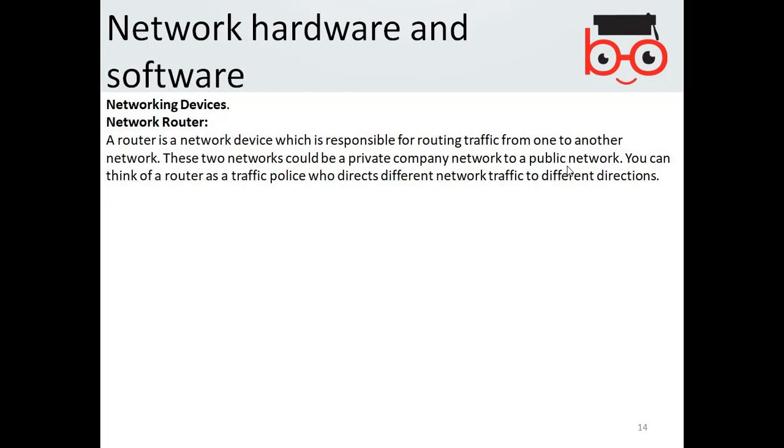So your modem is connected with the outer world. It is providing you the internet, and further your internet is distributed to different devices which are connected and making a network using, let's say, a hub or switch. Hub is not intelligent, but the switch is intelligent. However, one network router has the capability to provide the functionality of a switch or hub as well as a modem.